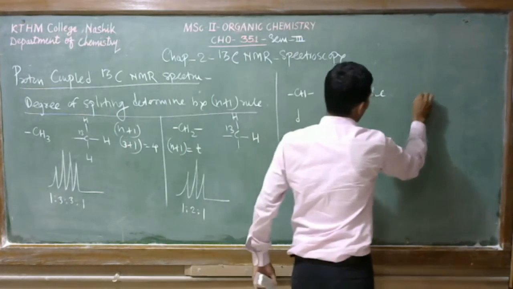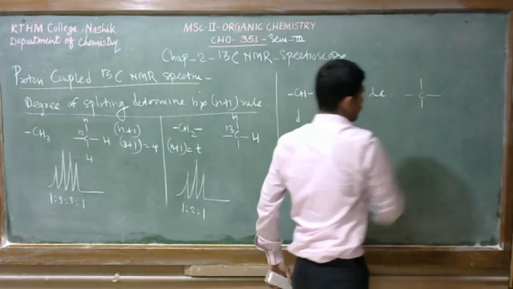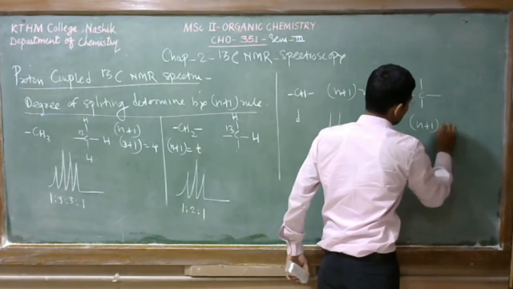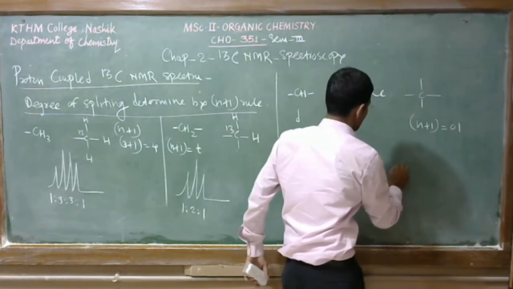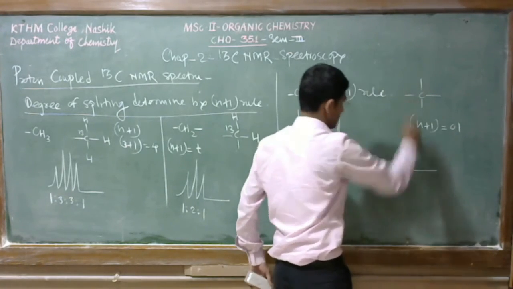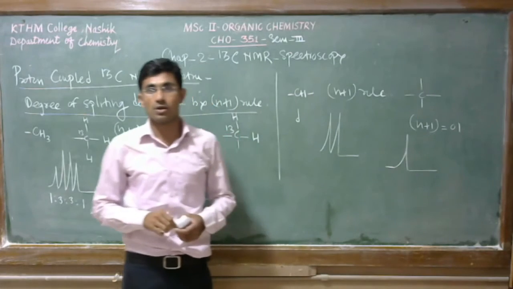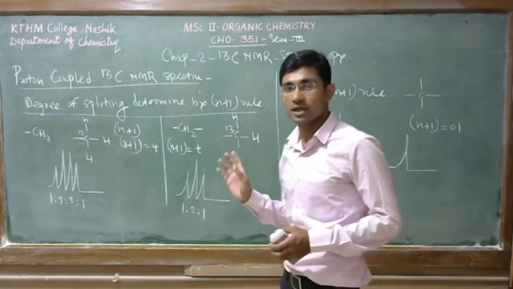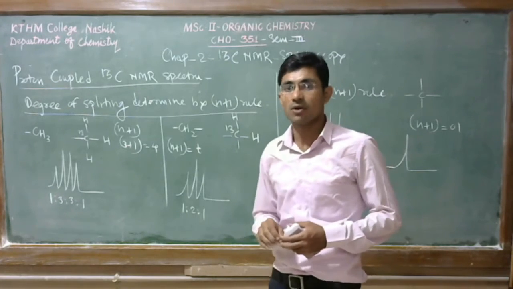And the quaternary carbon, which has no attached proton, gives a singlet signal. In this way we can observe the degree of splitting with the help of the n plus 1 rule.